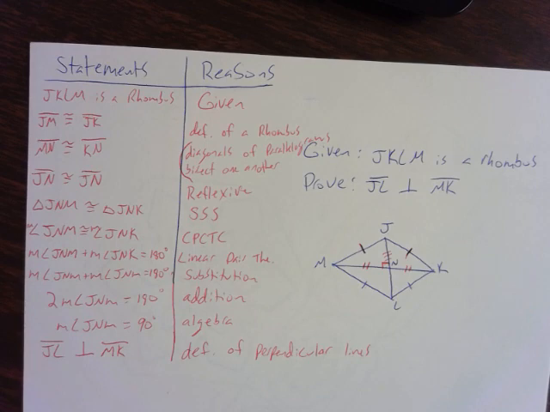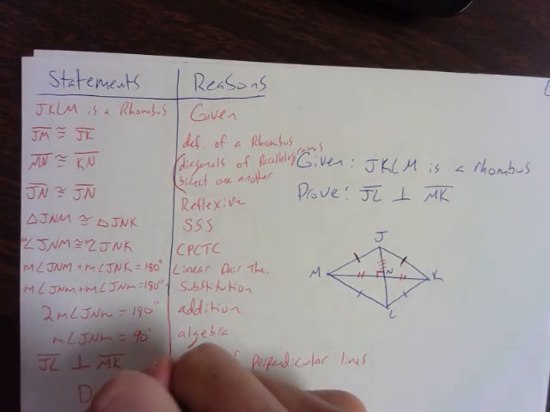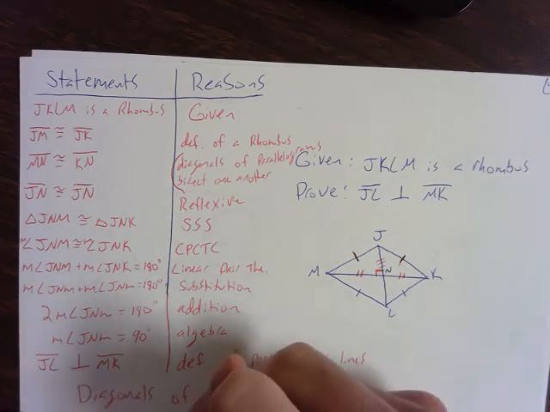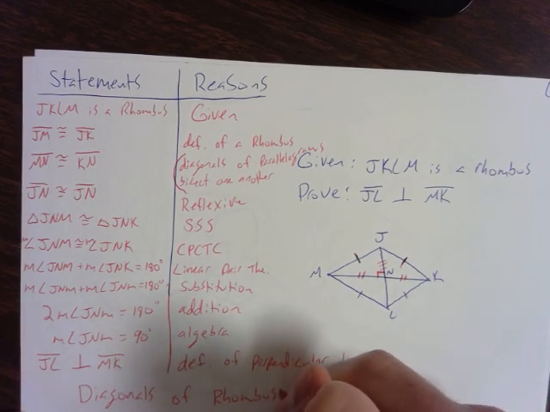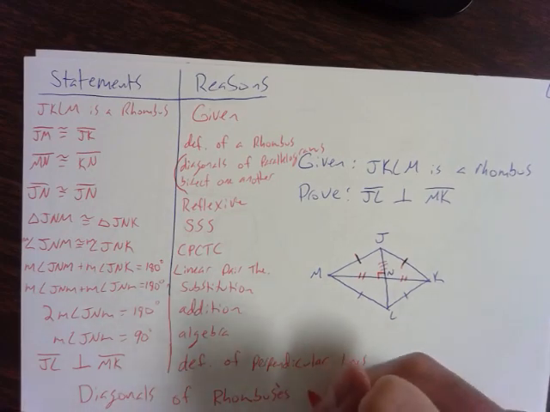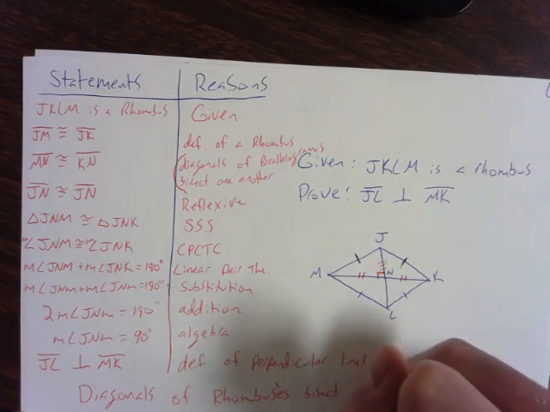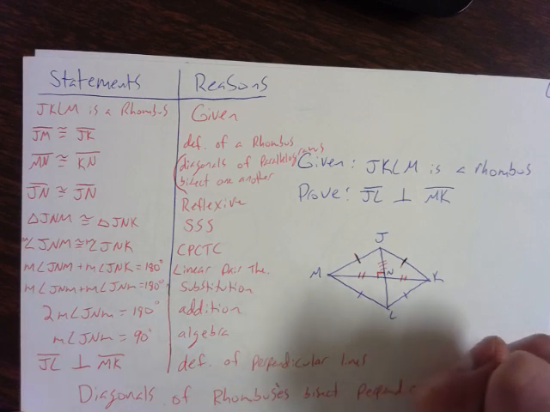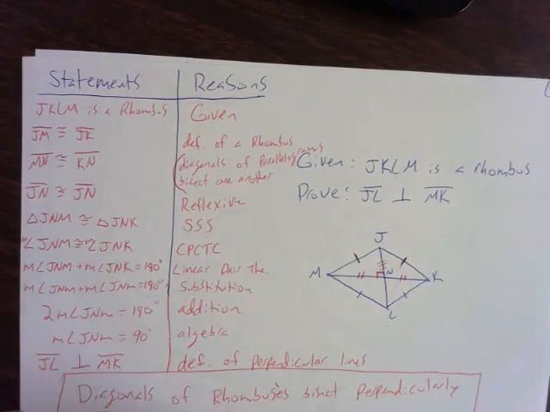So this tells me that diagonals of rhombuses, or I don't know what the plural of rhombus is, we'll go with rhombuses, bisect perpendicularly, or are perpendicular bisectors of one another.